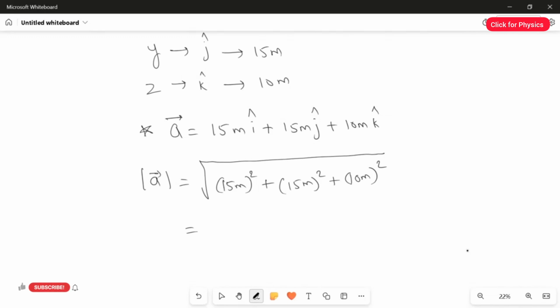Now we have to calculate, so we do it step by step. First we find the square of 15. The square of 15 here is 225 meter squared, plus 225 meter squared, plus 100 meter squared, right?